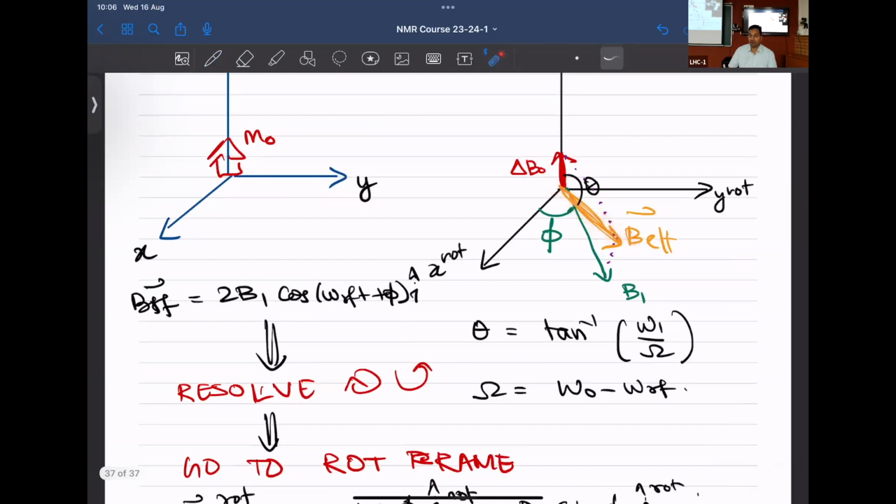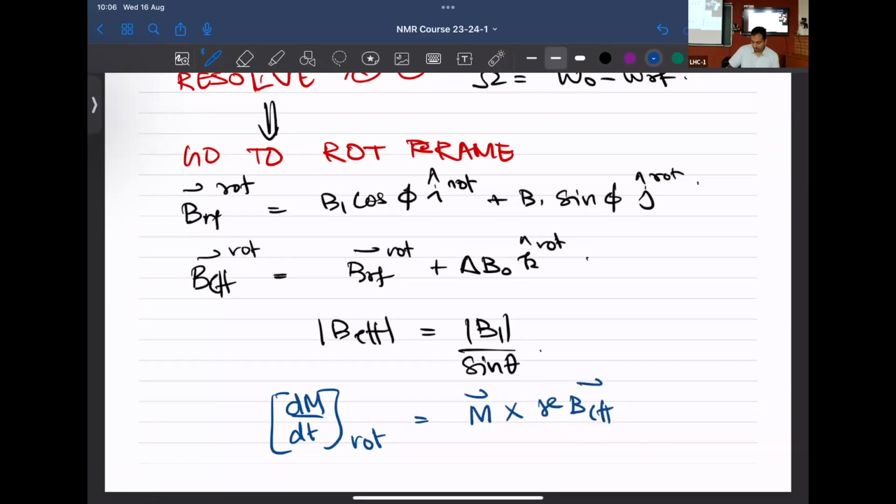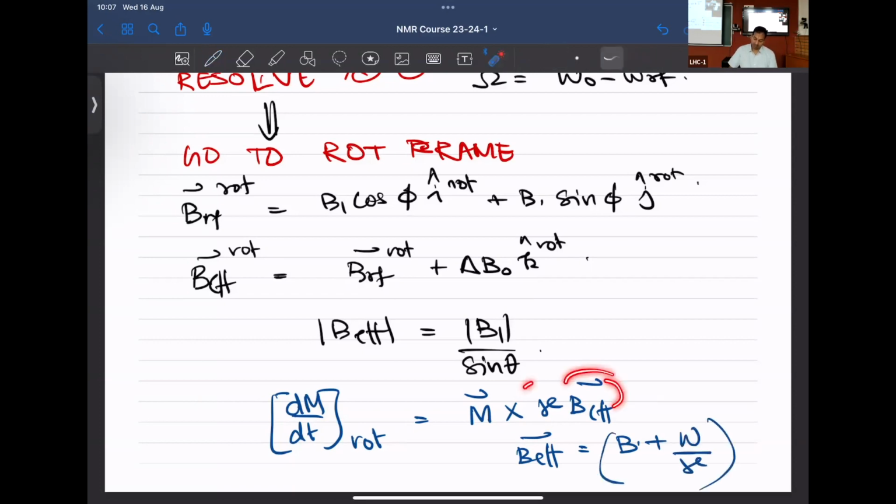Because if you understand what is B effective, then we can understand what is the evolution of magnetization in the rotating frame, which is going to be given by M cross gamma B effective, where B effective is B plus omega over gamma. So the moment you understand how B effective looks, you'll be able to say how the magnetization changes, because it will end up precessing about the effective B field.